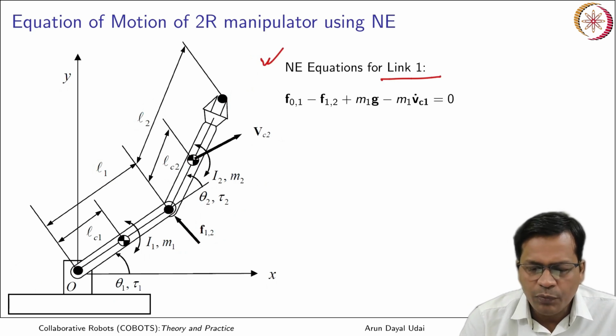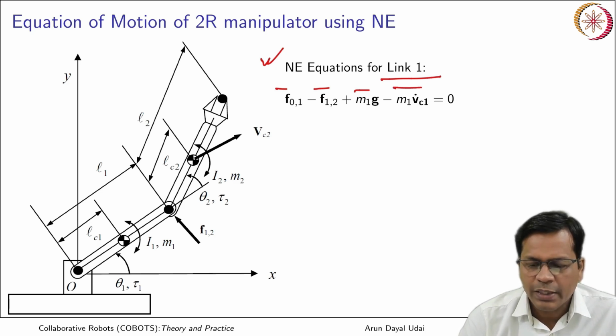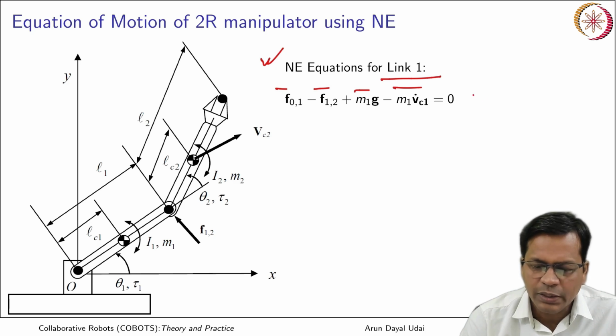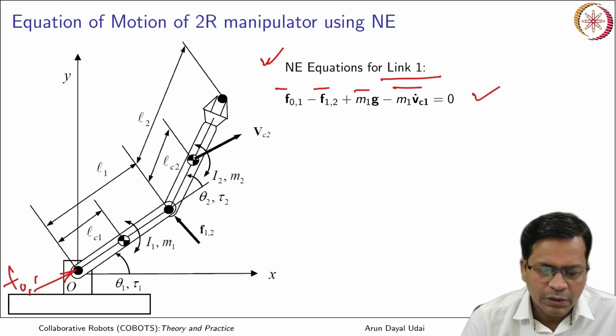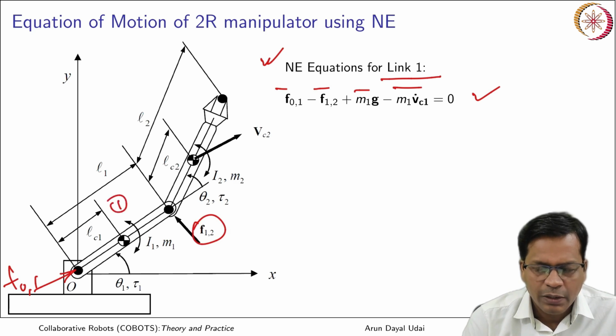So, sum of all the external forces on the link should equate to the mass into acceleration part of it. So, that is what it is, very trivial, simple. F01 is the force from this direction on this link, F12 is the interaction force between link 1 and link 2, and M1g is the gravitational force on this link.